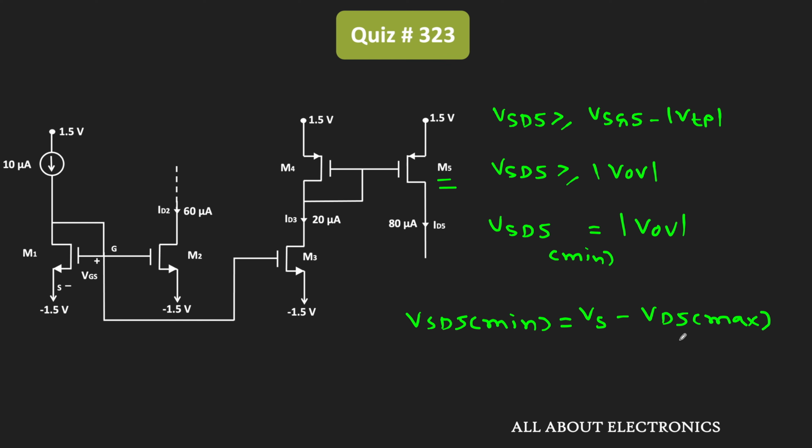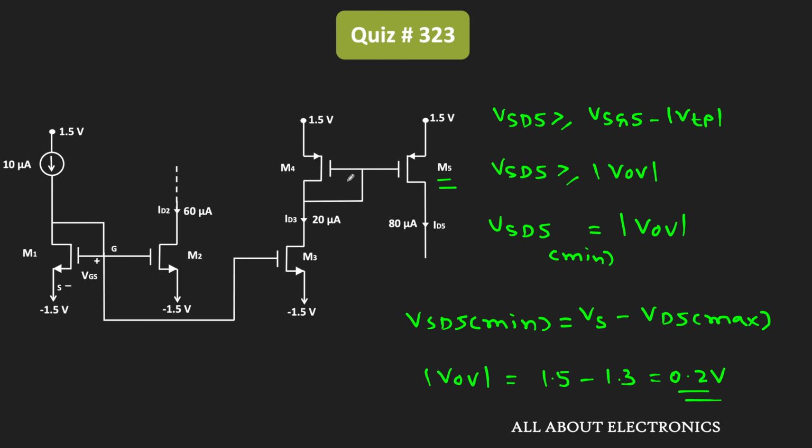And we have been given that the drain terminal of this MOSFET M5 is allowed to go up to 1.3 volt. That means this VSD minimum or this V overdrive is equal to 1.5 volt minus 1.3 volt, that is equal to 0.2 volt. That means the overdrive voltage for this MOSFET M5 is equal to 0.2 volt.